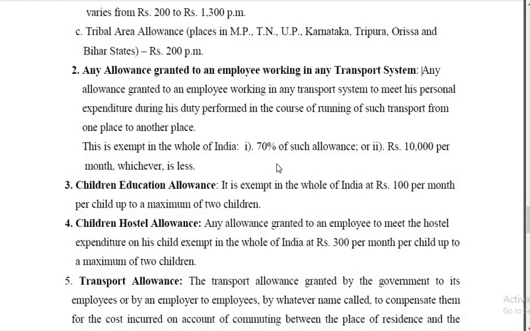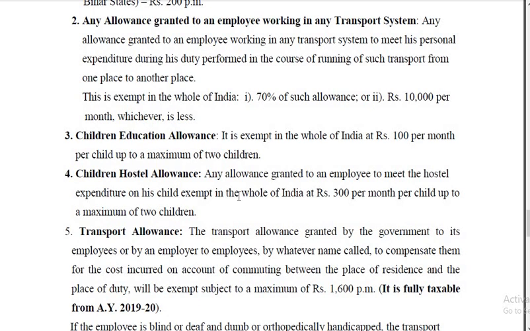And what part of that is exempt? 70% of such allowance or rupees 10,000 per month, whichever is less. Children education allowance, it is exempt in the whole of India at rupees 100 per month per child up to a maximum of 2 children.